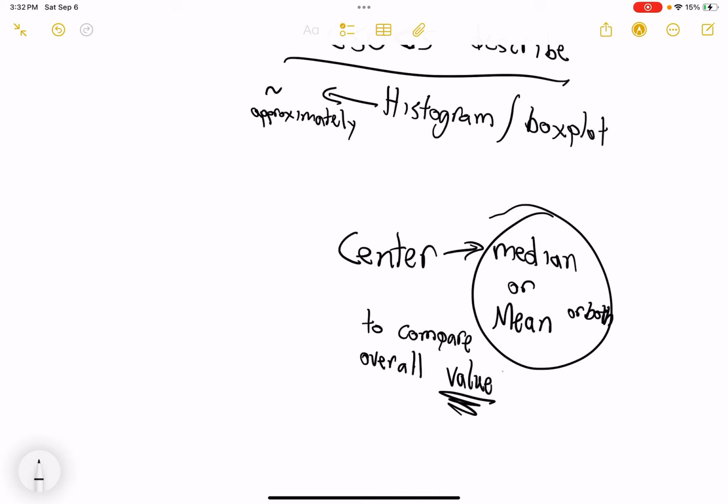If I was to say which data set has the greater levels of something, or which one's higher, or which one's lower, you would want to say, I'm taking a look at the measures of center here. This one has a higher mean and median than that one, so on average, the values will be higher in this particular distribution or lower in this particular distribution. So just remember that center is the way to do big overarching comparisons about just the value of one thing over another. On average, this thing is lower. On average, this thing is higher.